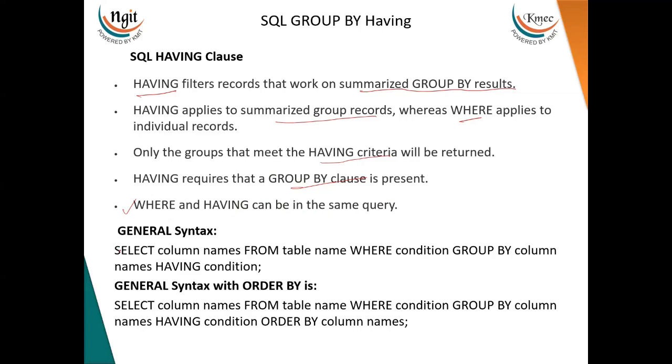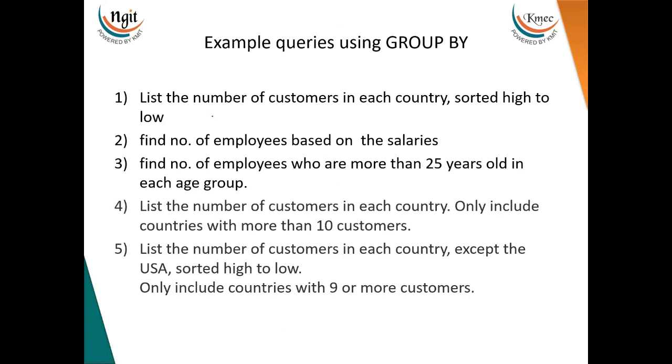So this is the syntax which we have. Now let us answer a few queries that are listed over here using group by and having. The first question is, list the number of customers in each country sorted high to low. Now what is the answer for it? Pause the video and try to answer the question. We are using an aggregate function called count.